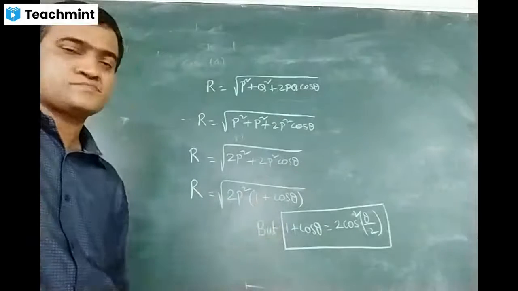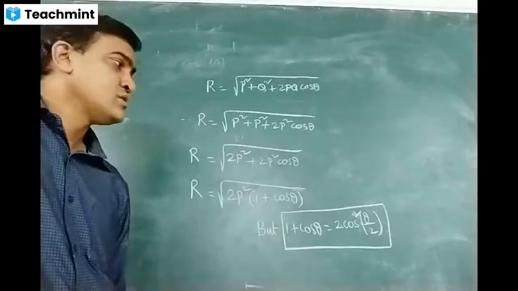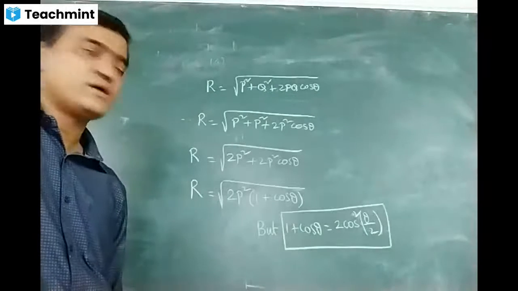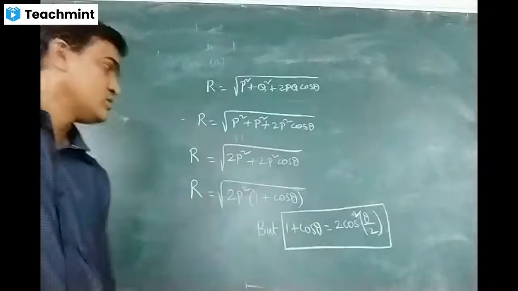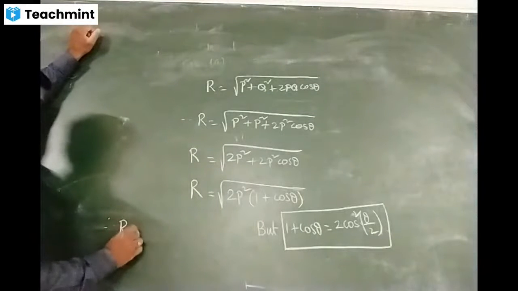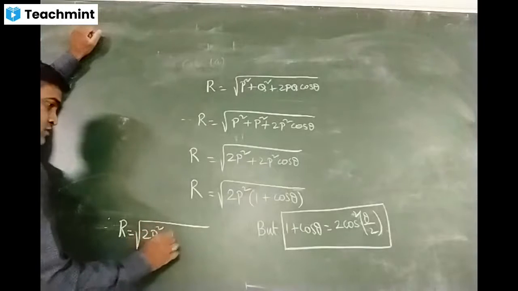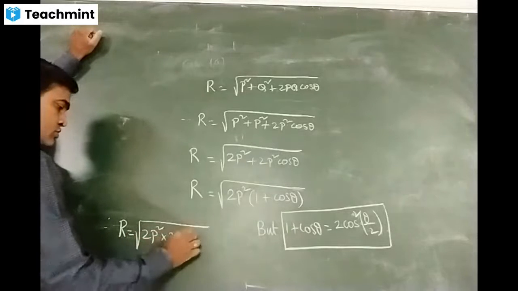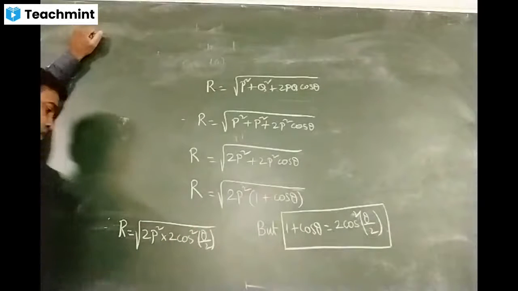What will I get? If I substitute 1 plus cos theta as 2 cos square theta by 2 in the formula, R is equal to the square root of 2P square into 2 cos square theta by 2. Fine.